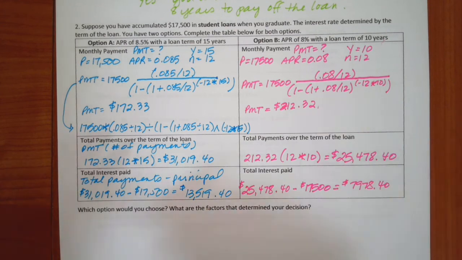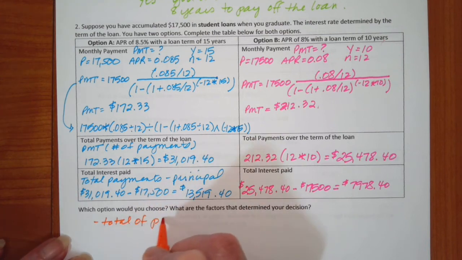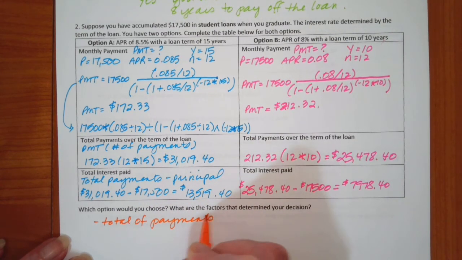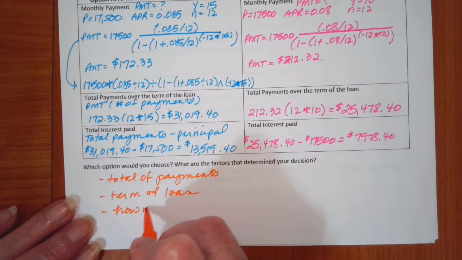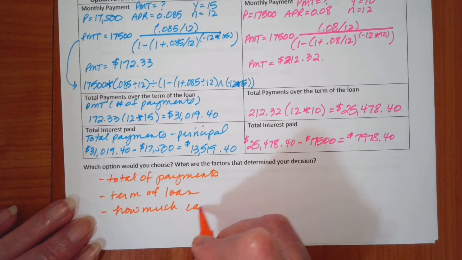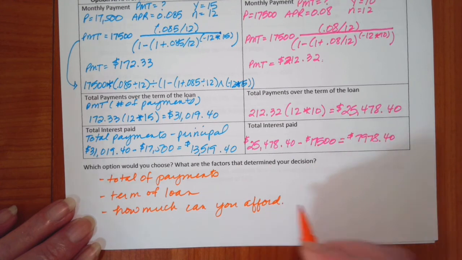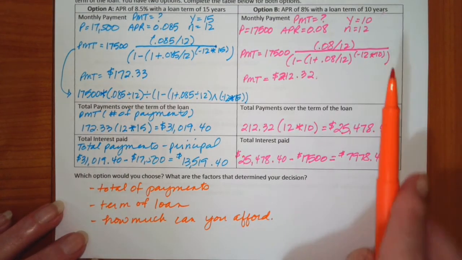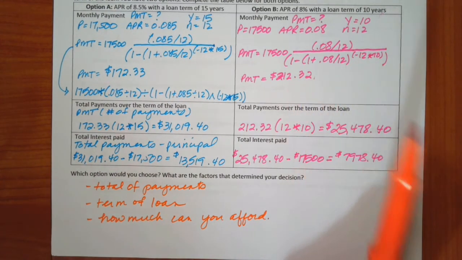You could use things like the total interest paid, total of payments, the term of the loan, how much you can afford. It would be nice to get it paid off in 10 years, but if $212 is really going to stretch your budget, that may not be the way you want to go.